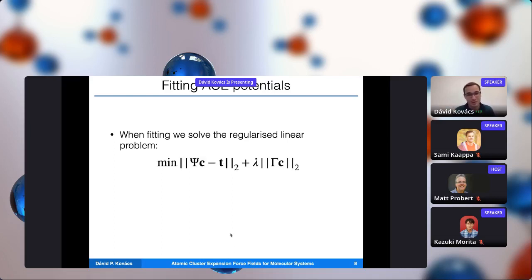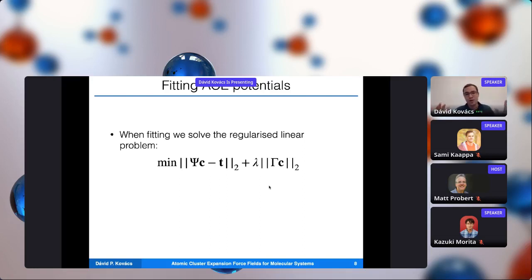But what we can do is actually do a least squares regression using regularization. The nice thing about this is that it looks like a simple ridge regularization, but with this gamma here, we can impose a smoothness prior. We can make sure that we penalize large coefficients on highly oscillating basis functions more compared to the smooth basis functions.